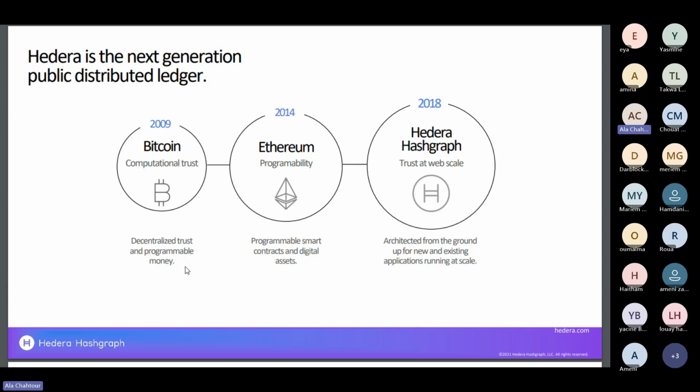So for example, if I want to develop a gaming application on top of Ethereum, I can't choose Ethereum as the target blockchain to build on. Because if I want to move my avatar, I will wait 15 seconds until my avatar moves, which is not scalable at all.